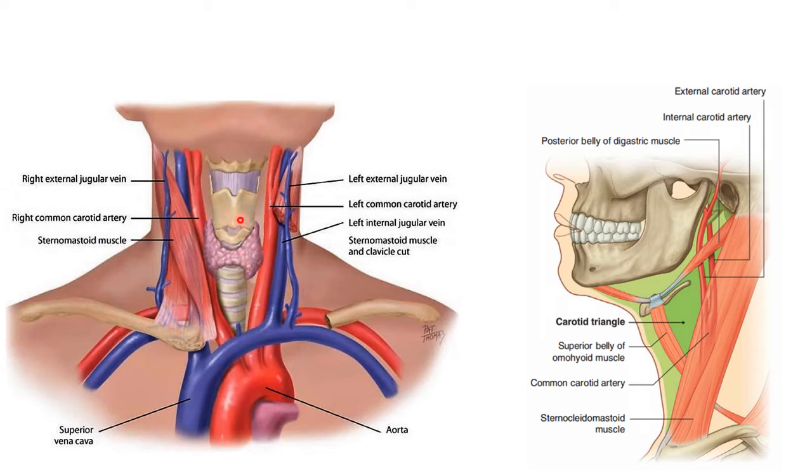This is the trachea, and behind the trachea, on its posterior side, the esophagus is present. So both left and right common carotid arteries ascend in the neck just lateral to the trachea and esophagus within a fascial compartment called the carotid sheath, along with the internal jugular vein and the vagus nerve on the posterior side.